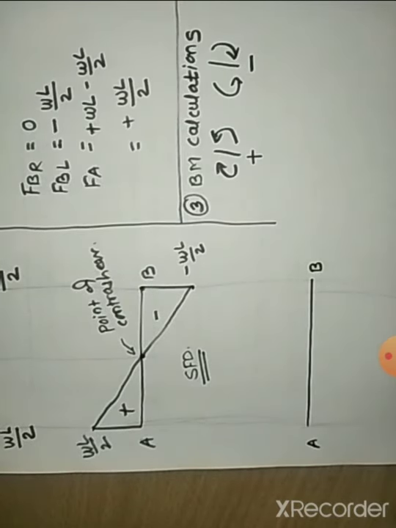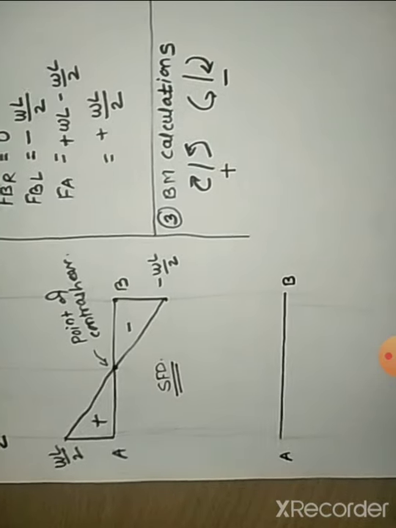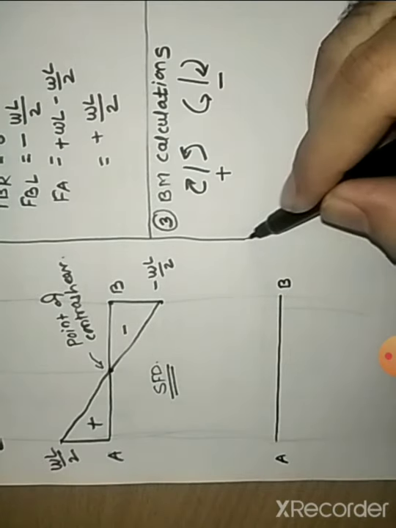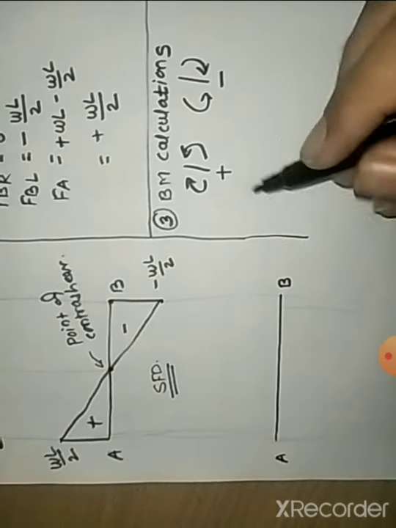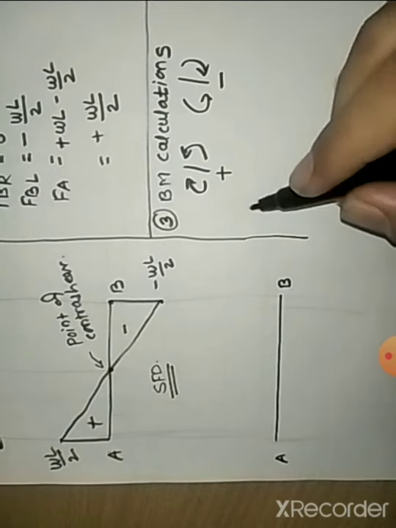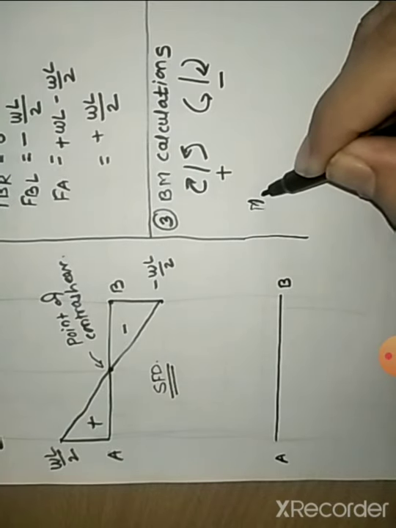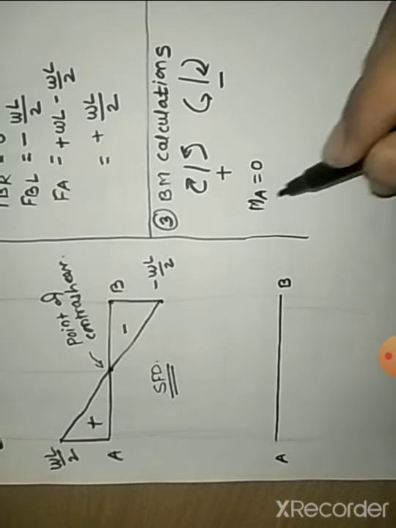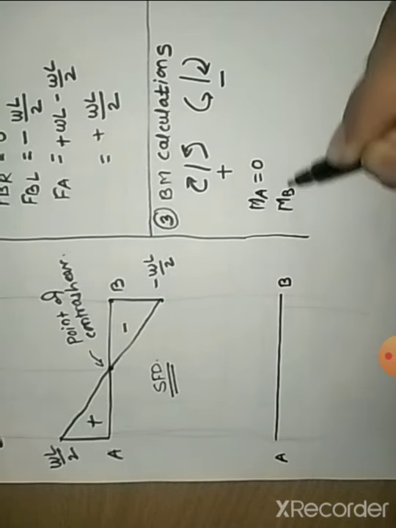Now what will happen here? Moment at point A is 0 and moment at point B is also 0. Why? Because we have a rule: bending moment at the two supports of a cantilever or simply supported beam is 0.